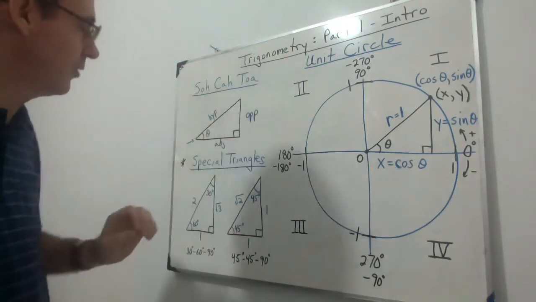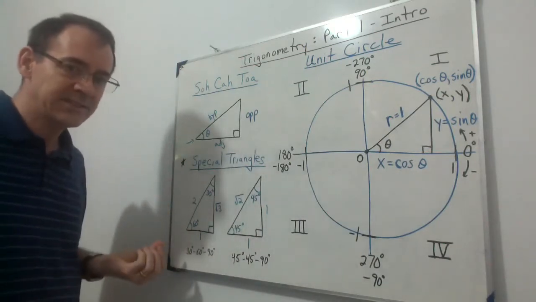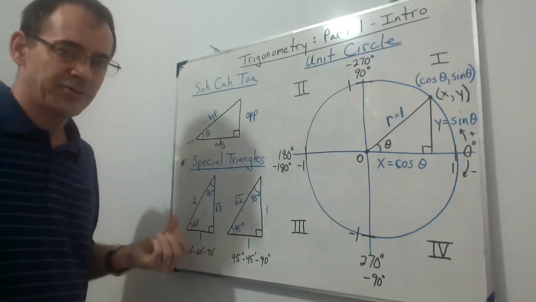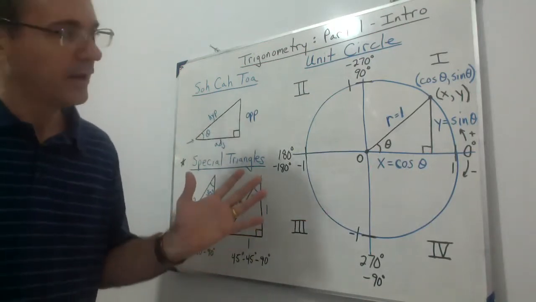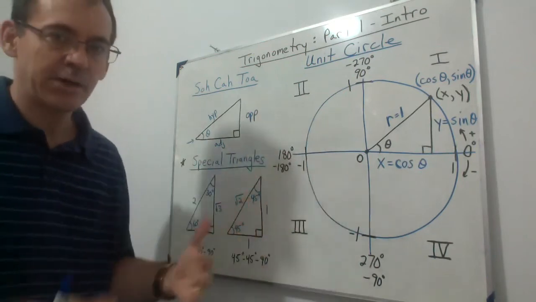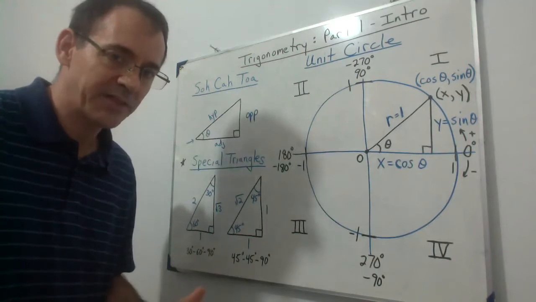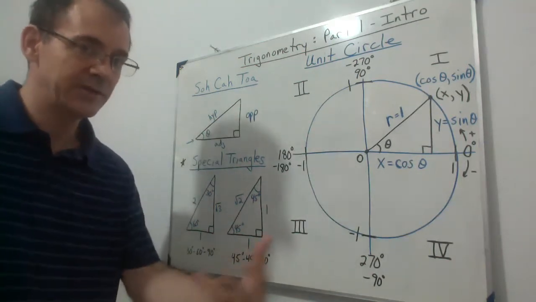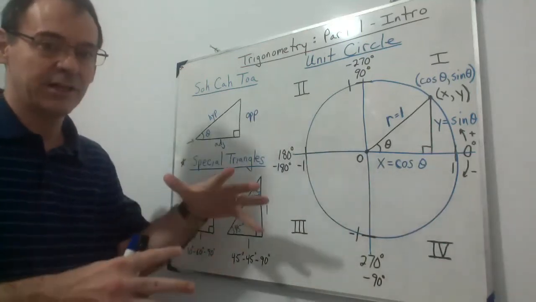So Soh Cah Toa is a fundamental prerequisite building block to our trigonometric system that we want to develop further as we move into the Pure One math book. And even later, if you go into the Pure P3 math book, you'll develop it even more.